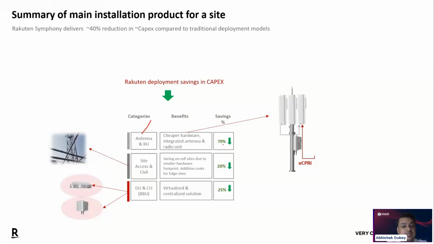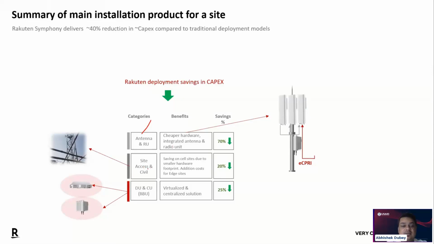The reason is we are using cheaper hardware. The antennas are integrated with the radio unit, so it's very cheap. So there is a 70% reduction in saving in the capex.